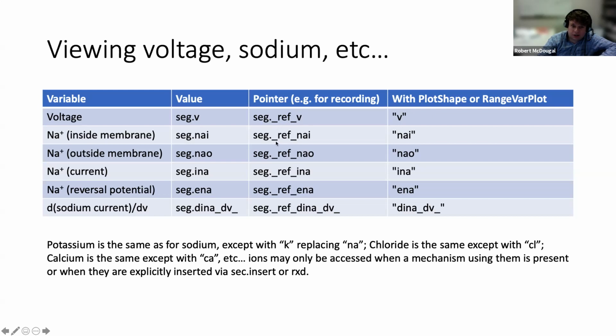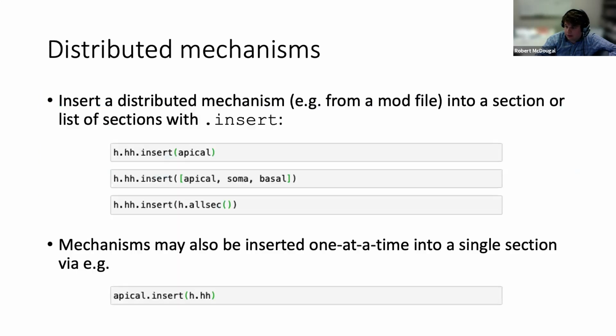I'll just stick an underbar ref underbar anywhere that I need to record something, or anytime that I need to feed some complicated waveform into Neuron, I'll use pointers, and then I'll just associate the concept of a particular location's variable. We'll see more of this in a bit. Hopefully that'll make more sense then as well.